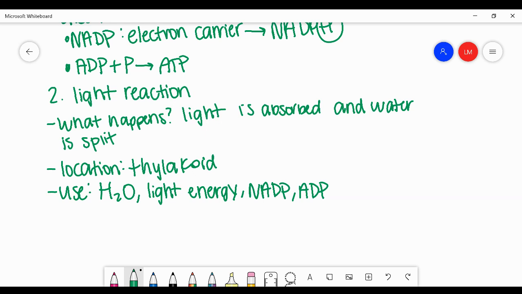And with those four things during the light reaction, we're going to make oxygen gas, or O2, NADPH. So that's where those hydrogens from the water are now, for now. And we're going to make a little bit of ATP energy.